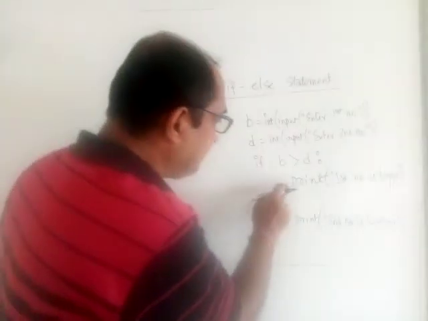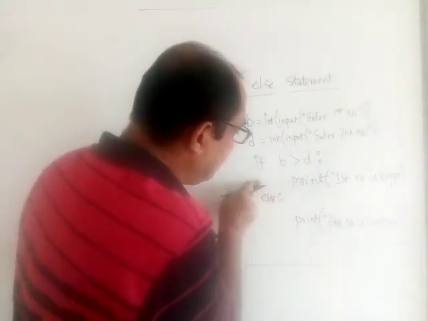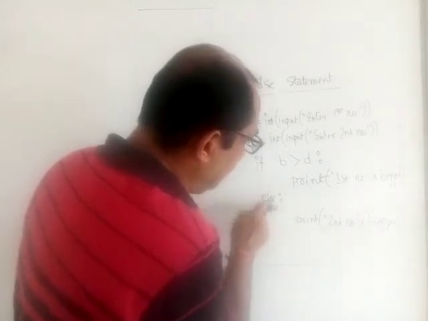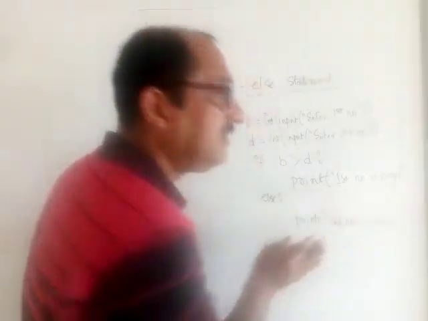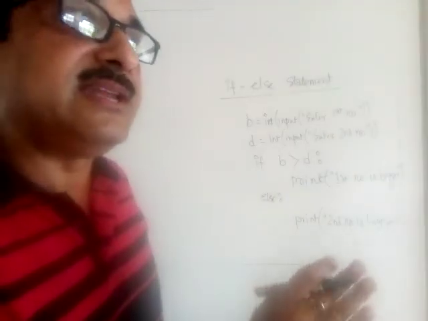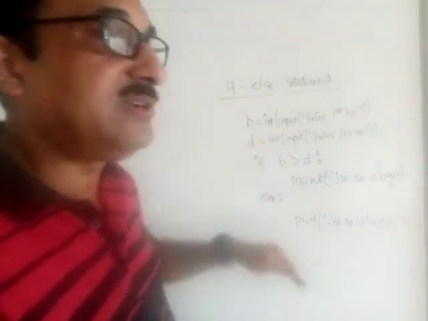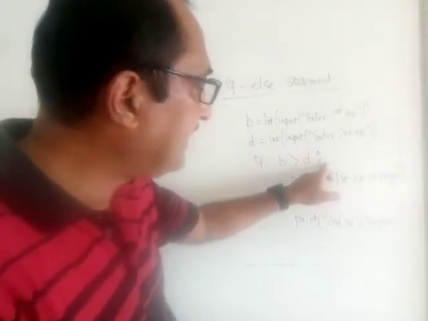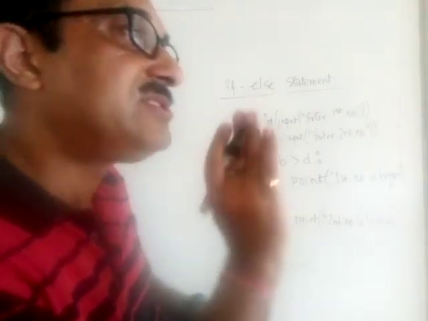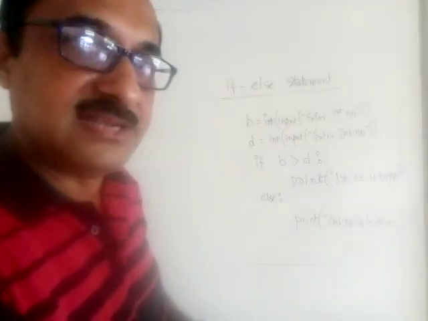And look at this carefully: I did not write this statement right at the bottom of if, and I did not write this print right at the bottom of else. I shifted slightly to the right. In fact, if you type this program in a Python editor, the moment you put a colon sign, the next line will automatically be shifted slightly to the right.